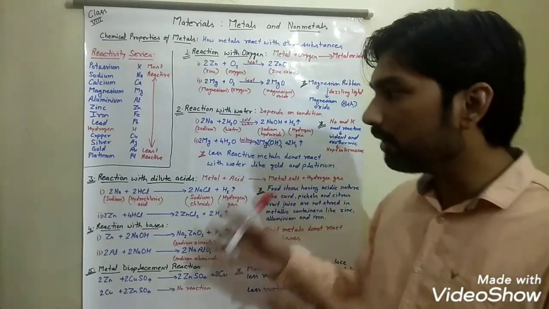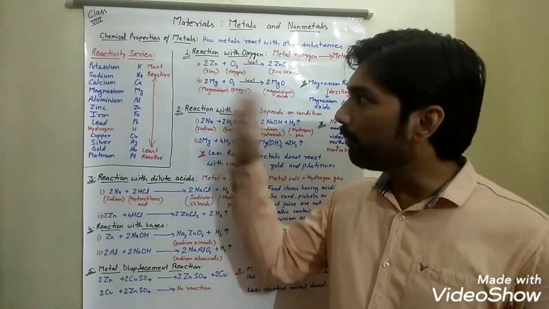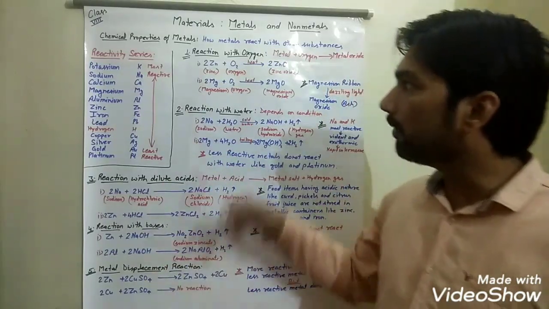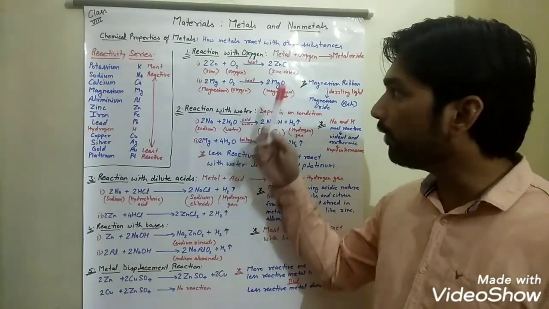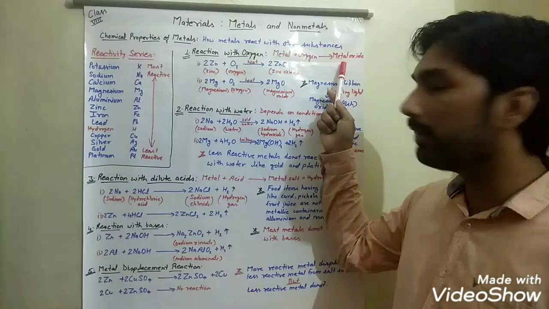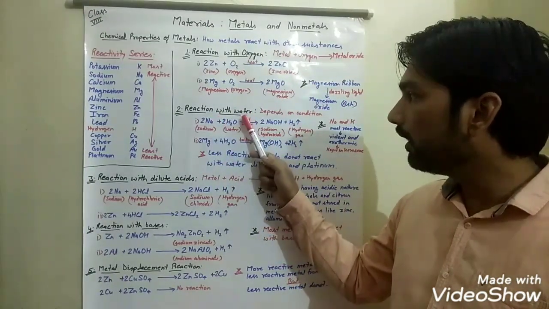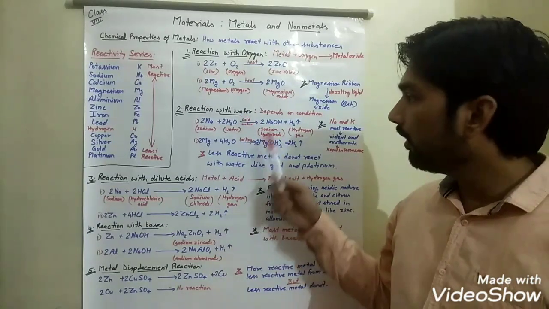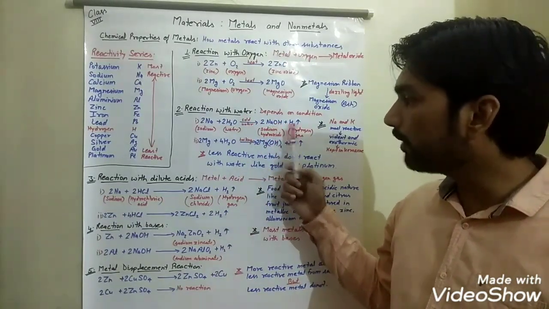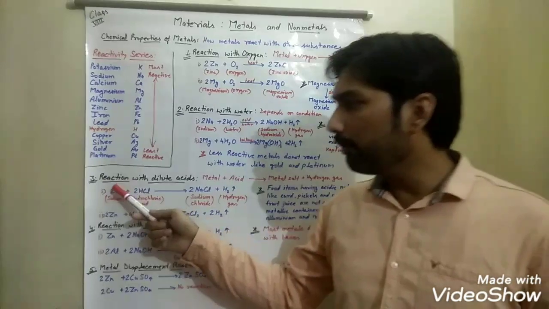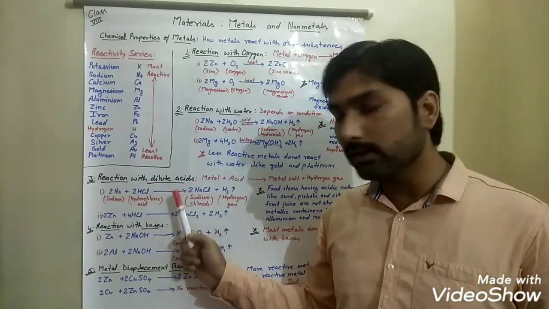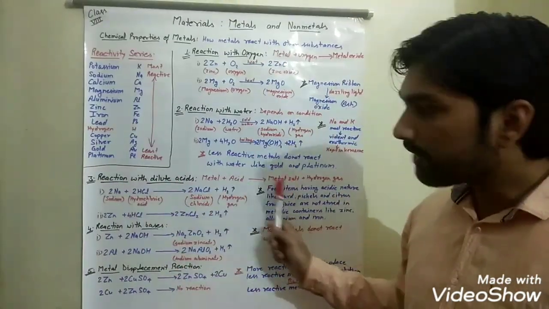So that was all for today, the chemical properties of metals. Many metals react with oxygen and the resulting compound is a metal oxide. Whenever metals react with water, they form metal hydroxide. Whenever metals react with acids, they form their salt.